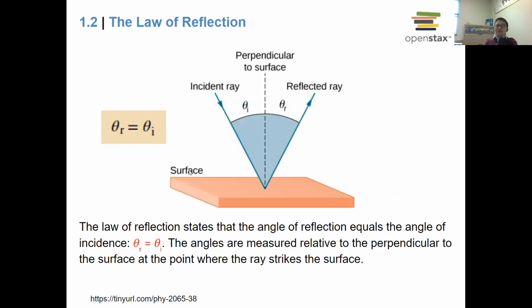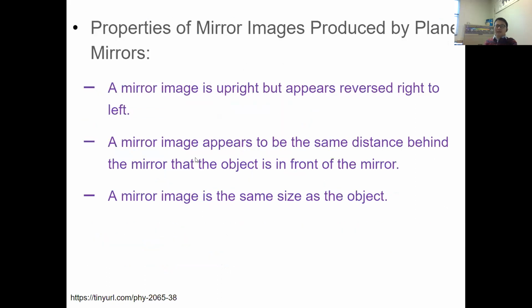We looked at the law of reflection, which simply says the angle that the incident ray makes with the normal direction of the surface should be equal to the angle the reflected ray makes with the normal direction of the surface. So theta R equals theta I. And we also looked at the images formed by plane mirrors, where those images have several properties, three of them listed here.